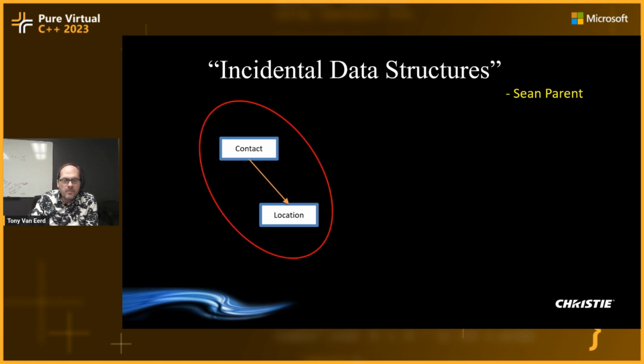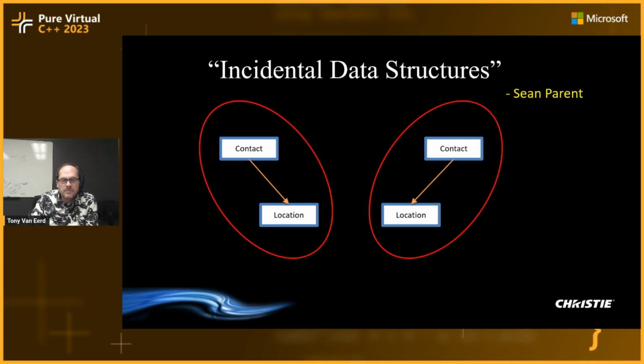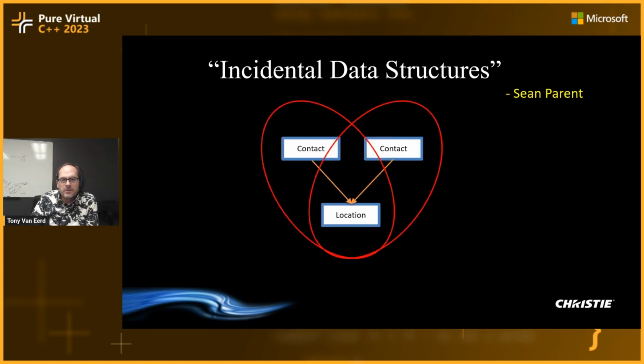And then that forms a data structure, right? And then you can have another contact, another instance of your data structure. But if you ever end up doing a shallow copy, or for some reason these two people share an address, the two contacts live at the same location, you might end up sharing a location.